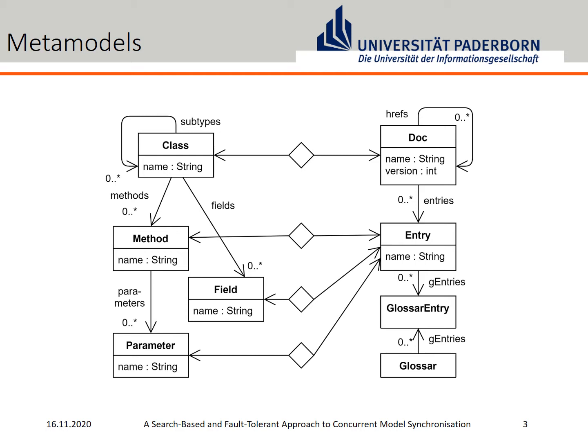The documents have several entries, which can either belong to fields or methods. Furthermore, important terms are stored in a glossary, with entries linked to that, as well as the glossary itself. In the middle, you can see the correspondence model, which shows which entities of the source and target model belong to each other, and these are represented by these diamonds that you can see there.